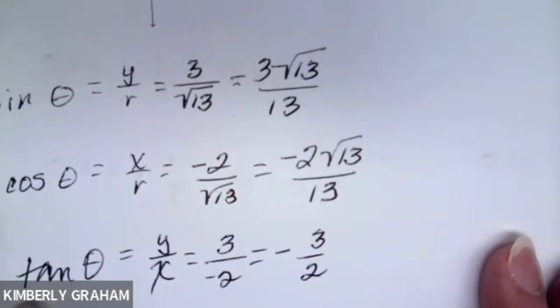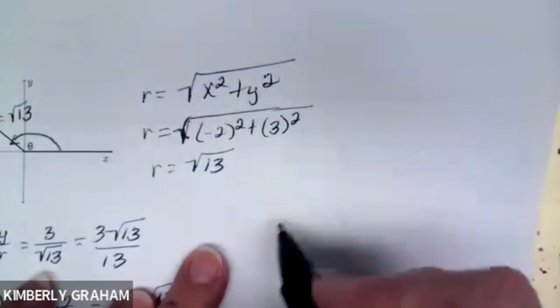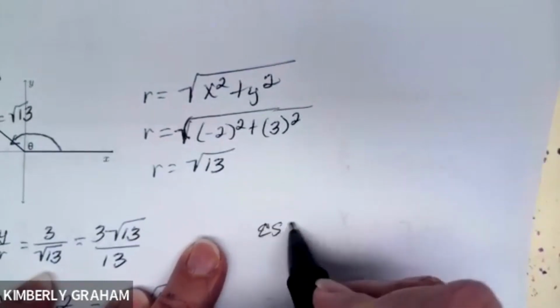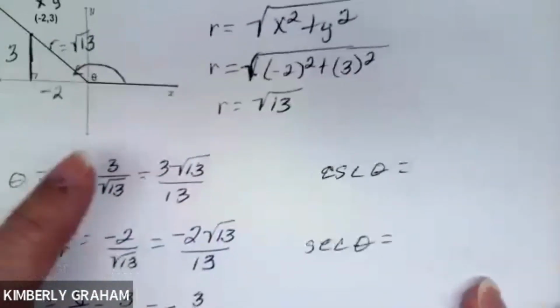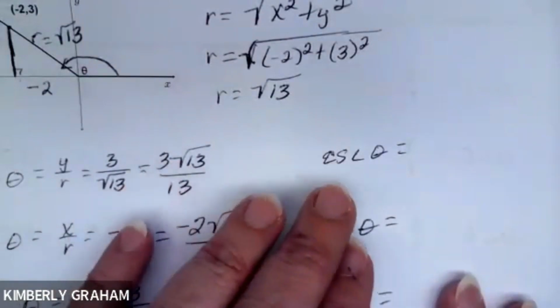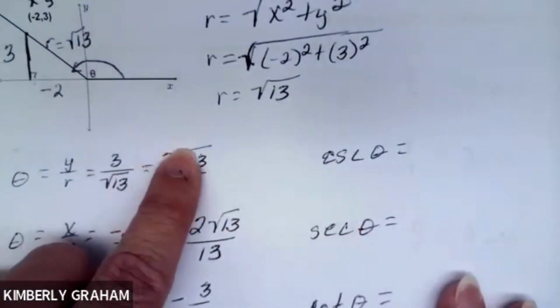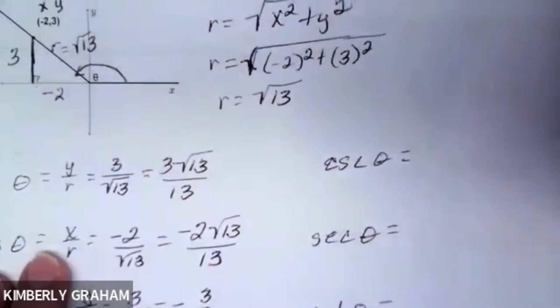Okay, the next 3 functions here are cosecant, secant, and cotangent, and they're just the inverses of these. So when I'm looking at the inverses here, I don't want to look at this final answer where my denominator is rationalized.